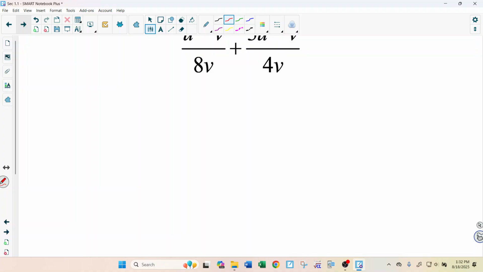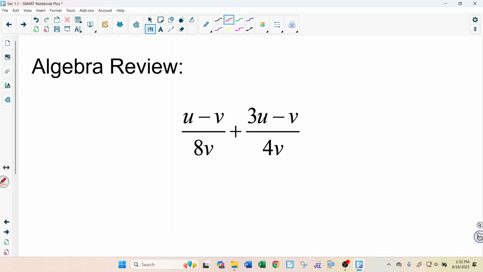As we move on to fractions, we want to get common denominators. So in a case like this, we have 8v and 4v. To get common denominators, I can just multiply over here by 2 over 2. Think of this to distribute.